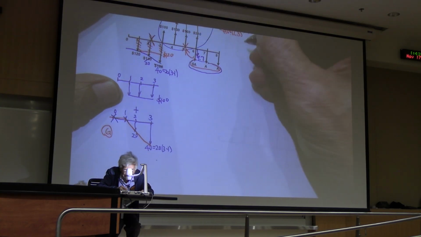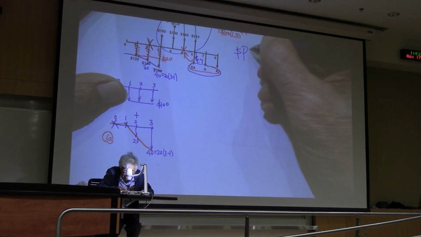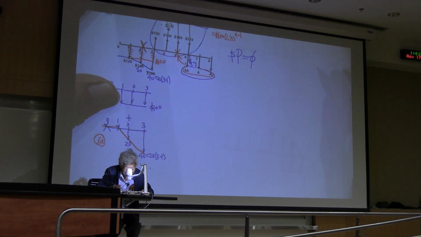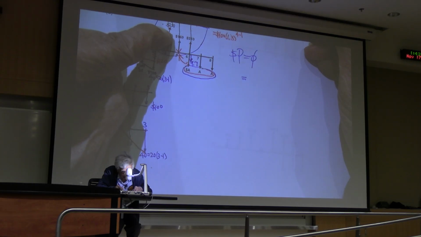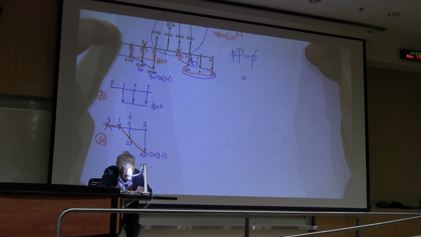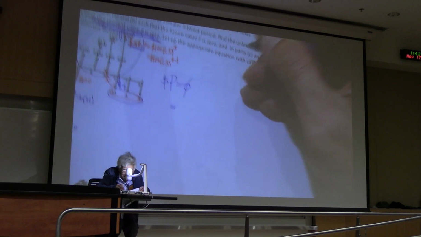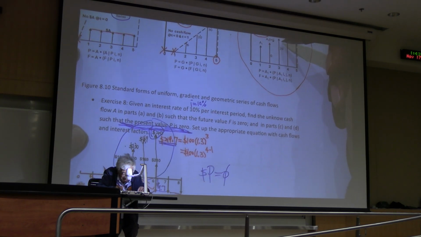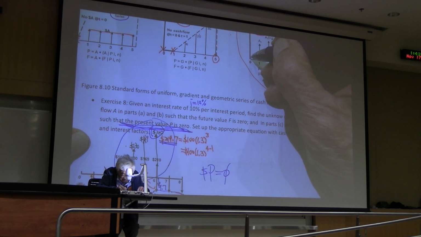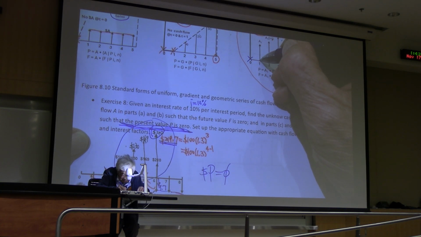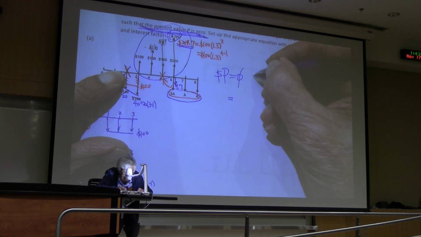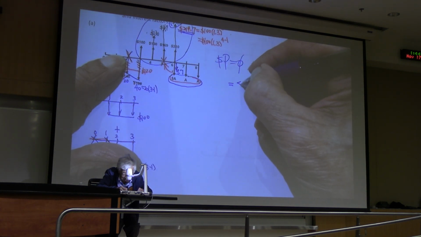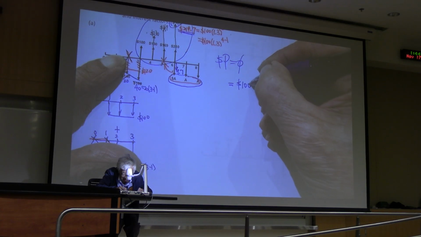Now, we write it down. Present value equals 0. First, moving the positive cash flow to present time. This geometric series, present time is 1 interest period backward. It's right here. So, starting with 100, that is A1.